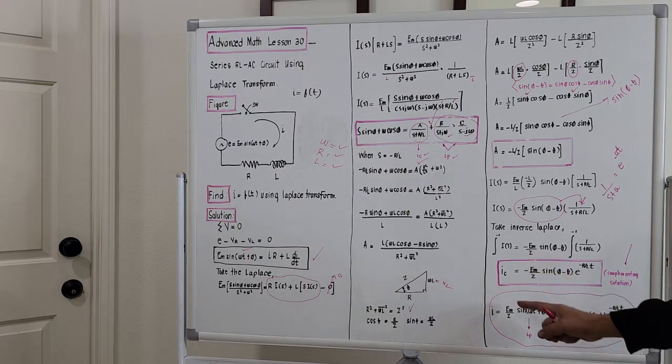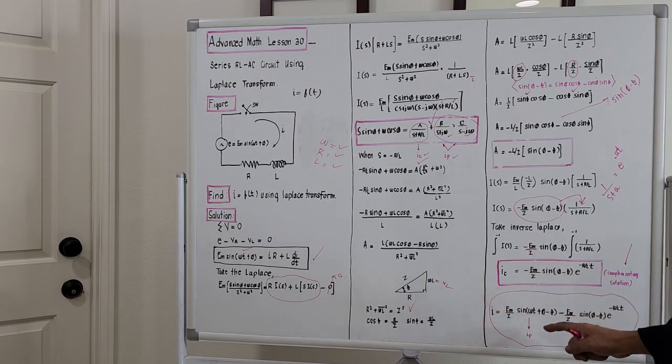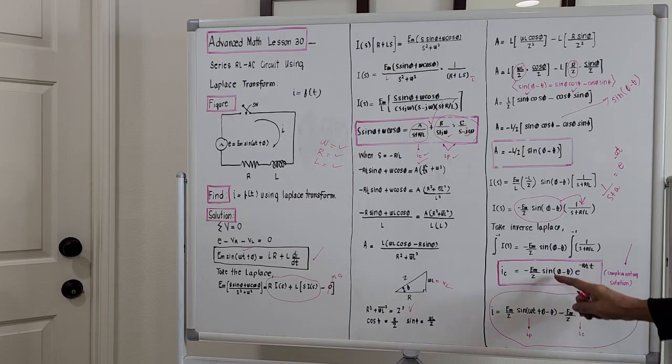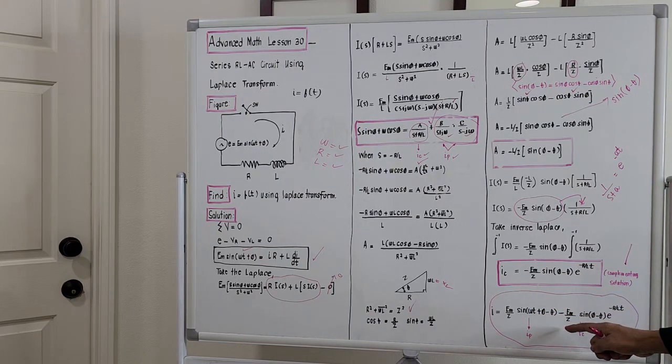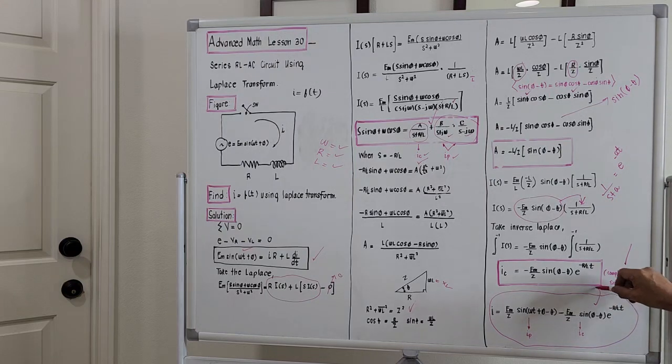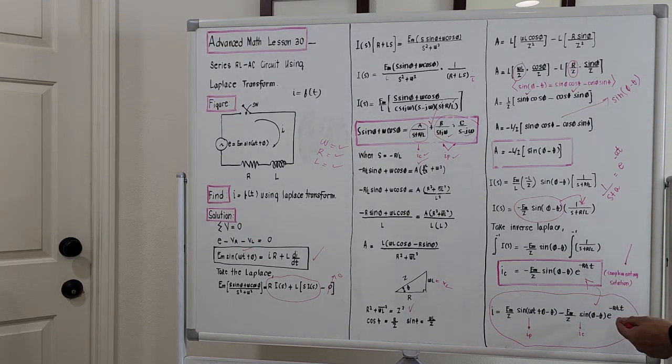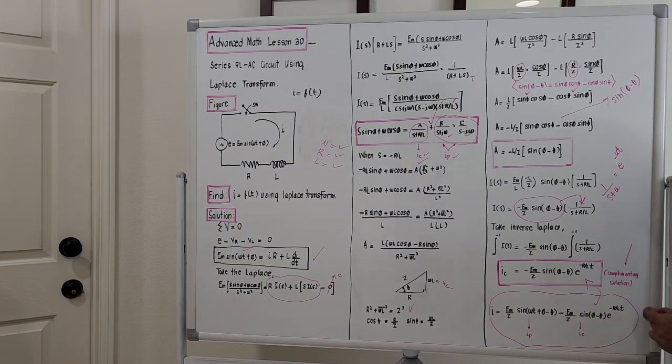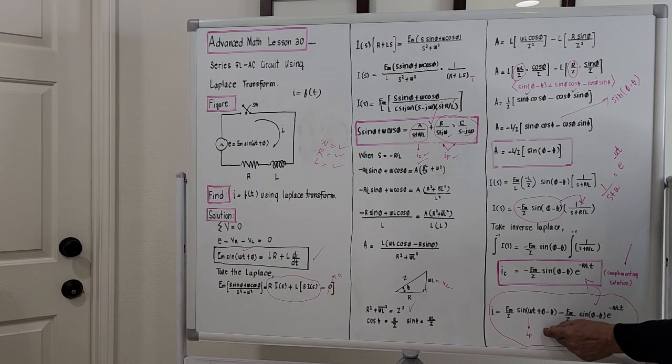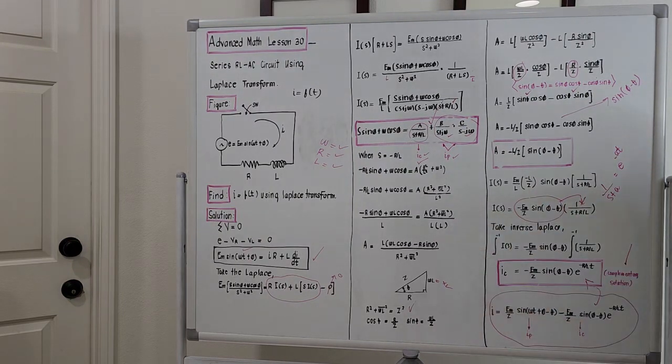The particular is actually E sub m over Z, sine of the quantity omega t plus angle P minus theta, minus E sub m over Z, sine of angle P minus theta, E raised to minus R over L times t. And actually, this is our computed complementary solution. We are just on this part. So the next time around, we will bring out the solution of the particular solution by using Laplace transform.